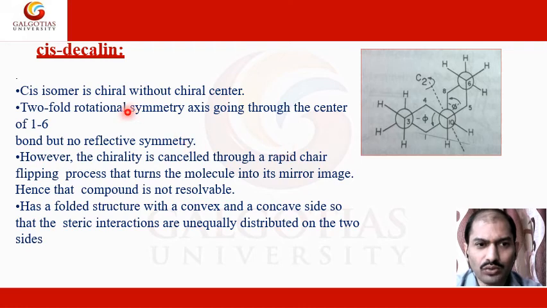You have to see how we can project them in a projection formula, which we have already discussed: the projections of molecules, such as Newman, sawhorse, and Fischer projections. Here the Newman projection is quite important when we are discussing this. So there are different carbons and different kinds of symmetry elements, which is also very important to understand.